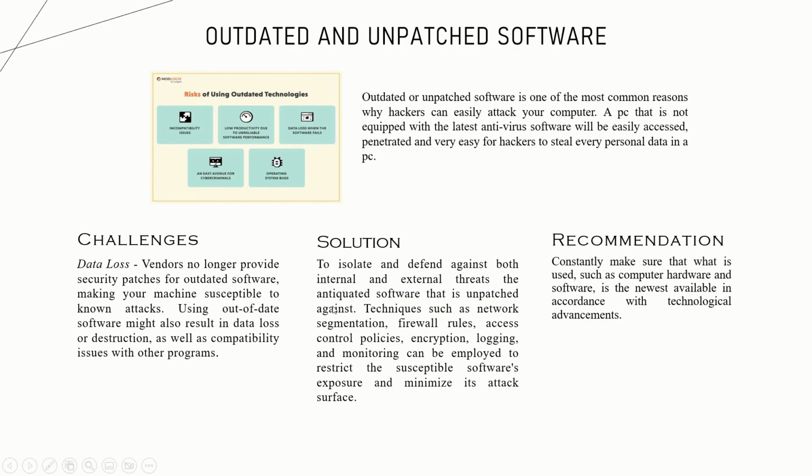The antiquated software is unpatched against them. Technologies such as network segmentation, firewall rules, access control policies, encryption, logging and monitoring can be employed to restrict the susceptible software's exposure and minimize its attack surface.